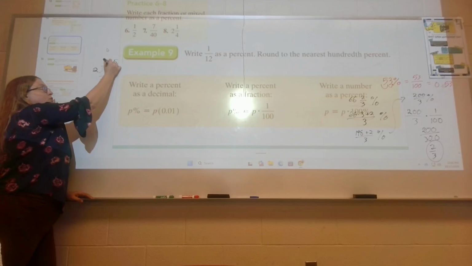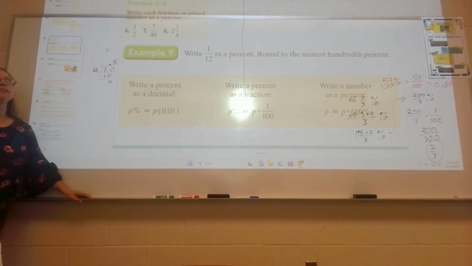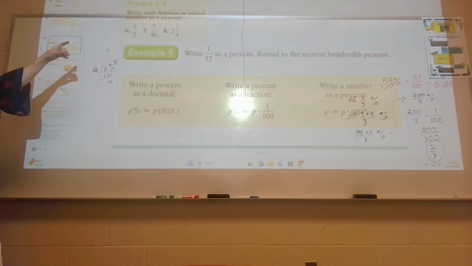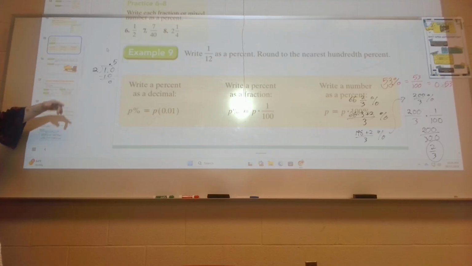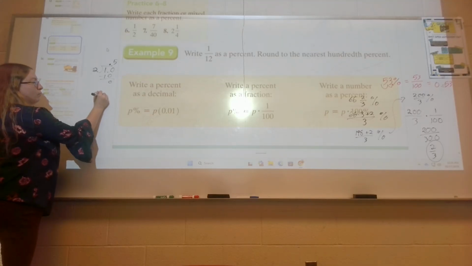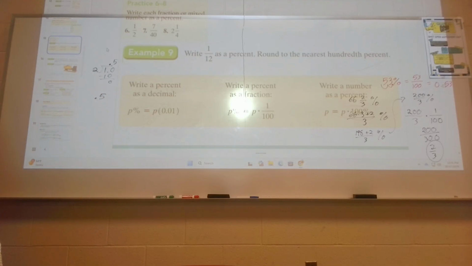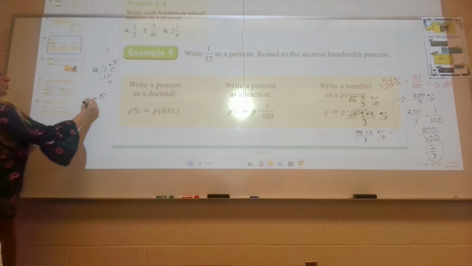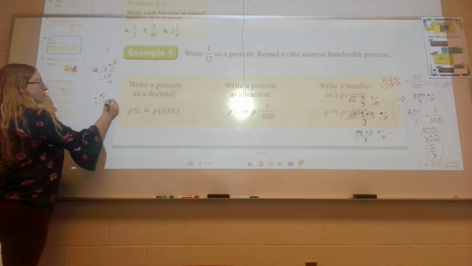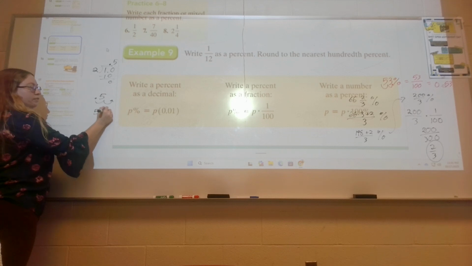Line up my decimal. I get 0.5, right? So 1/2 is equivalent to 0.5. 0.5 as a percentage, am I moving the decimal to the right or to the left? To the right, because percents need to get bigger, right? So this becomes what percentage? 50%.